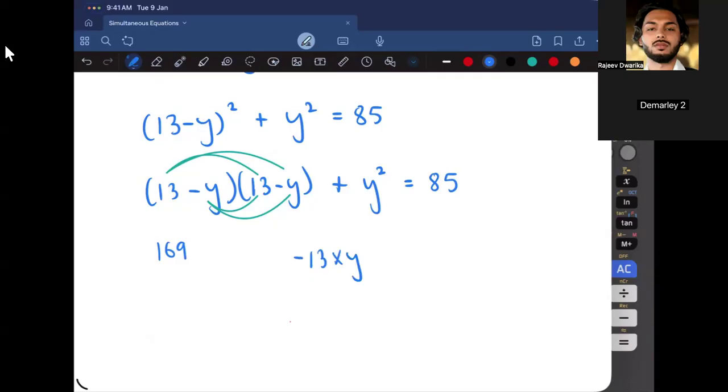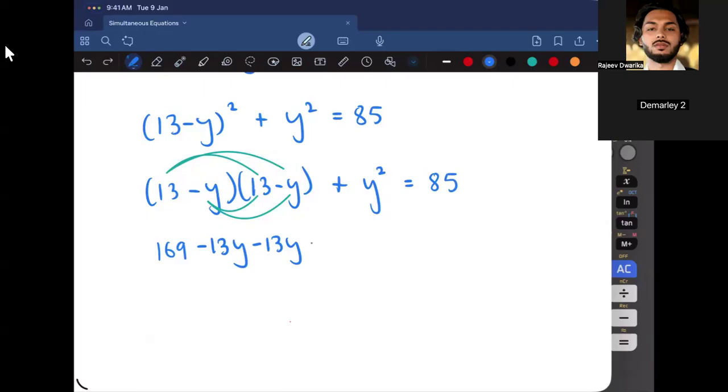If I had negative 13, that'll be negative 13y. Don't get confused. What about here? What is minus y by 13? It's the same thing: minus 13y. And then minus y by minus y is?